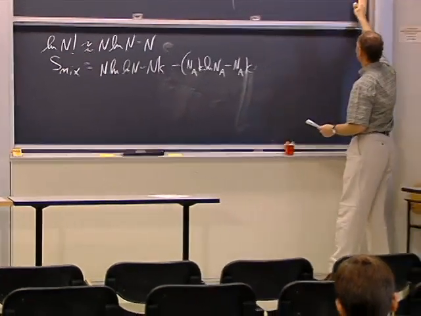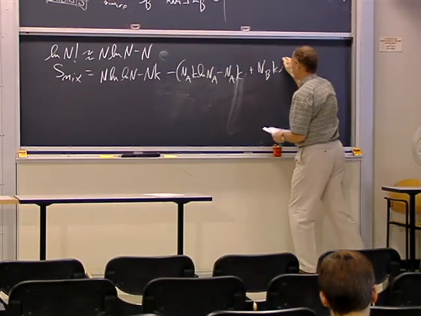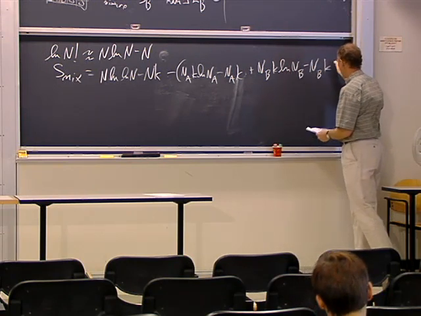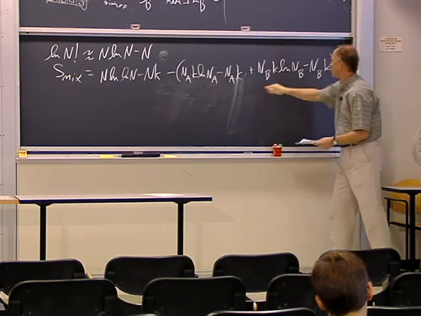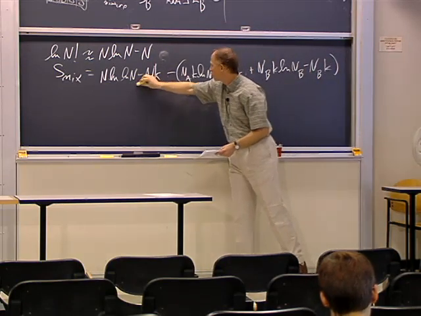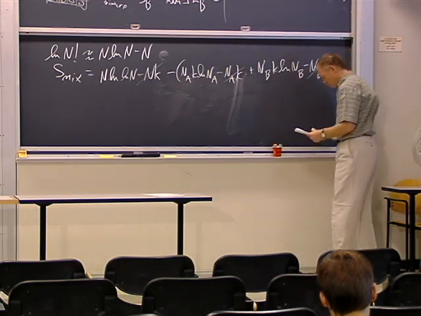That's this part, and now we'll do this one. So it's plus N_B k log N_B minus N_B times k. But N_A and N_B, of course, sum to N. So these will cancel.